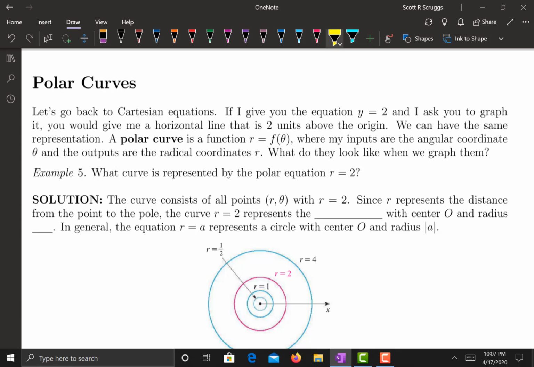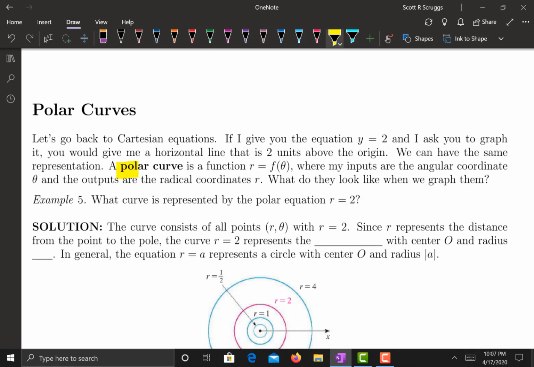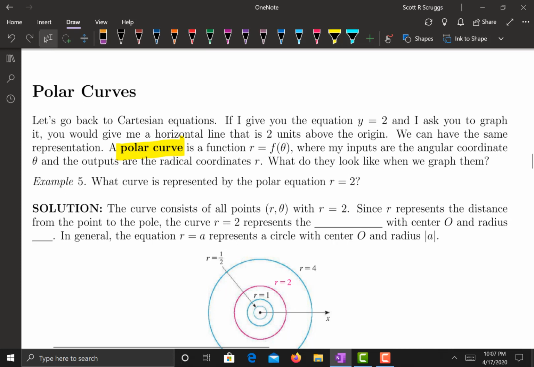And in this case, a polar function, or the other name, a polar curve, is going to be represented by a function where the input is the angular coordinate and the output is the radial coordinate. So that's already different from Cartesian, where the value on the horizontal axis is typically my input and the value on the vertical axis is my output.